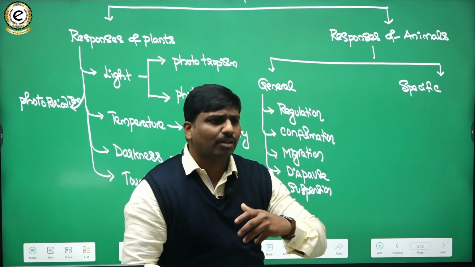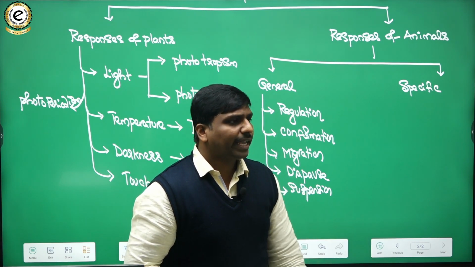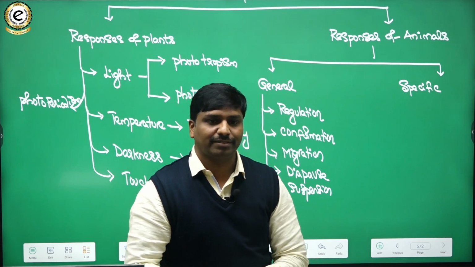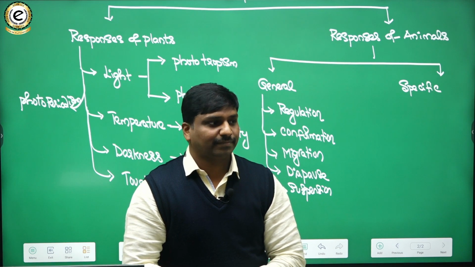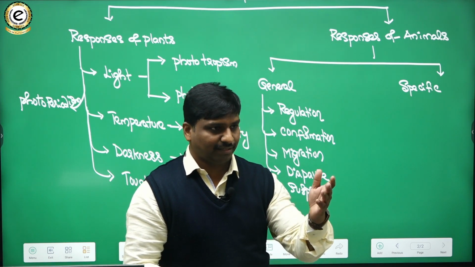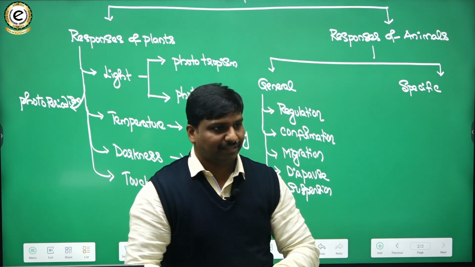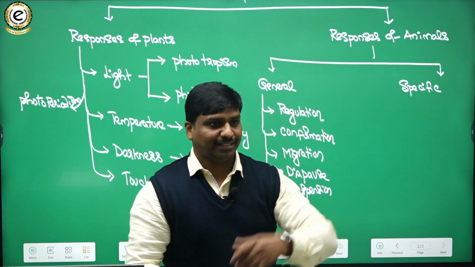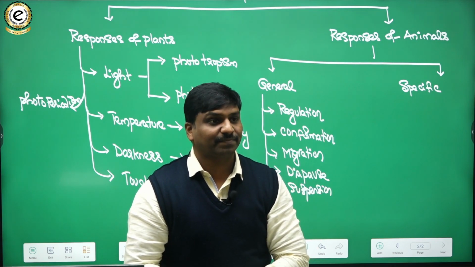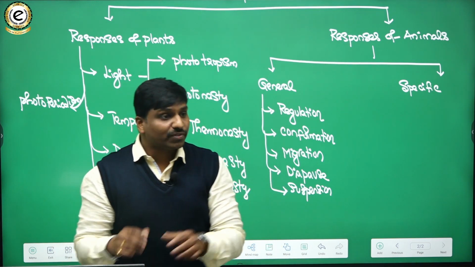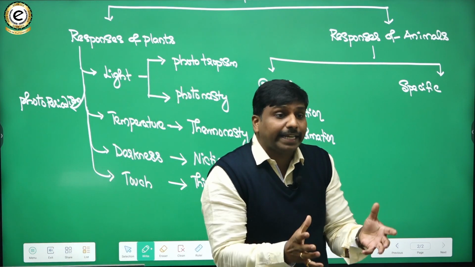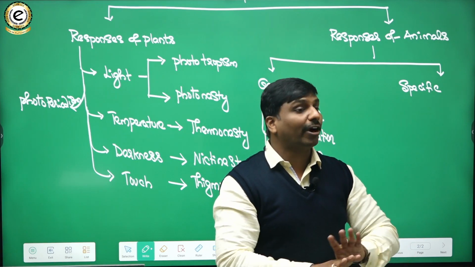Regulation: some organisms are known as regulators. So can you say what is regulation, or what might be the concept of regulation? Yes, very good, exactly. So some organisms will have the mechanism to maintain constant body conditions.